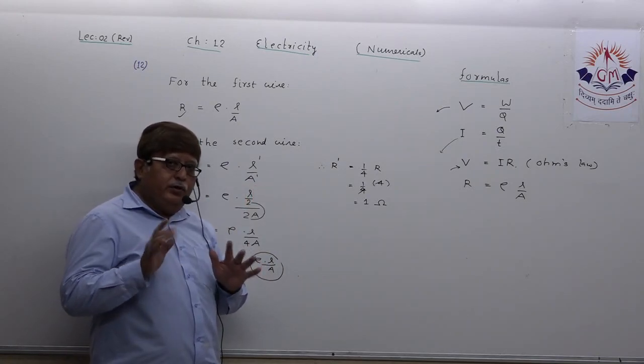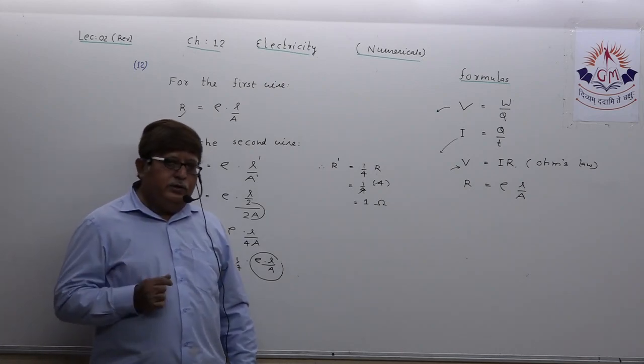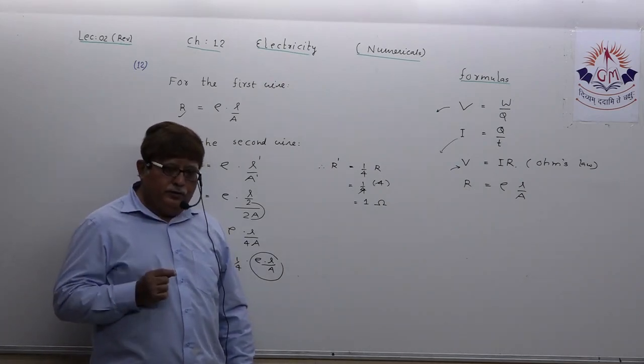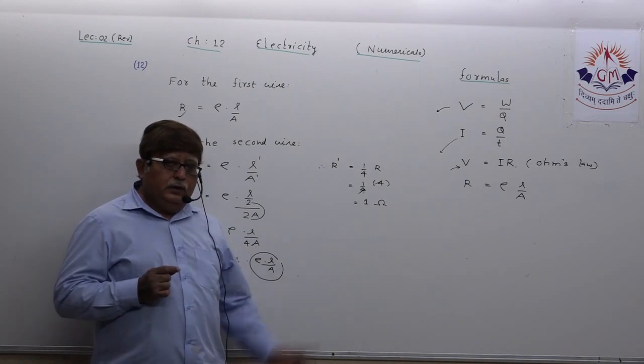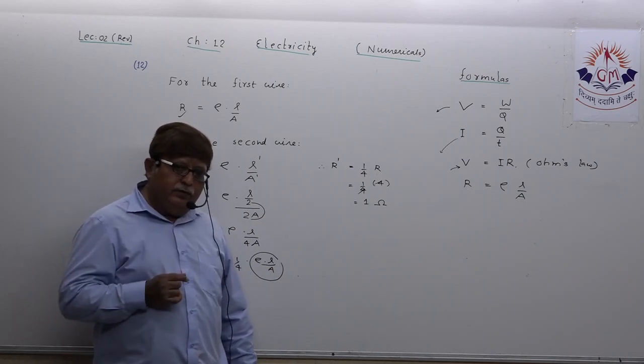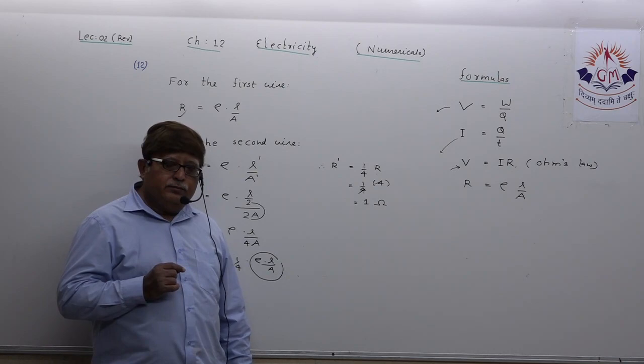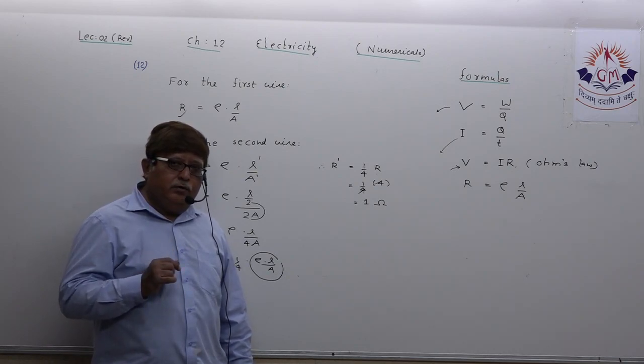I am just speaking of the MCQ which can be designed. Here initially, I am not talking of two wires, only one wire. What was the length given? L. What was the area of cross section?